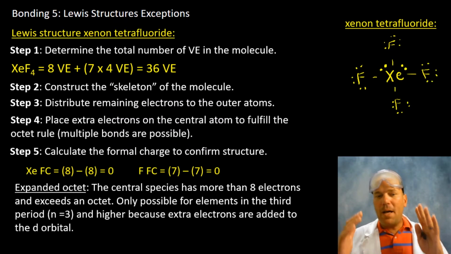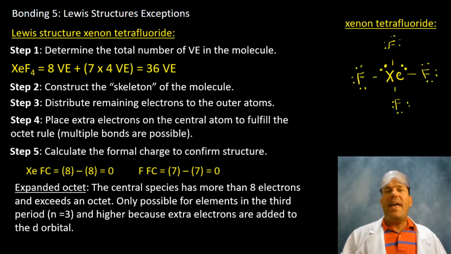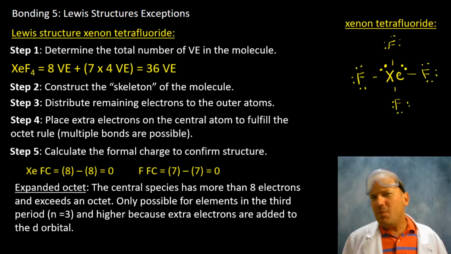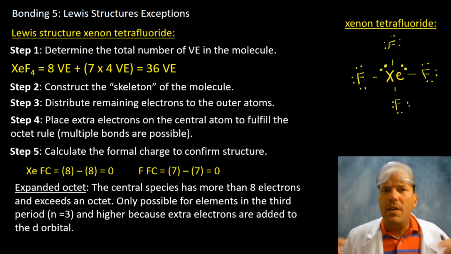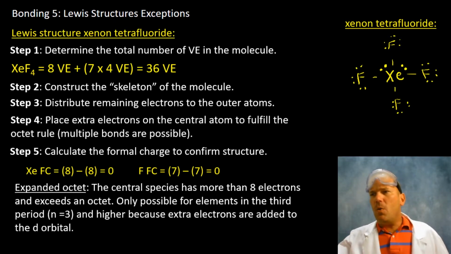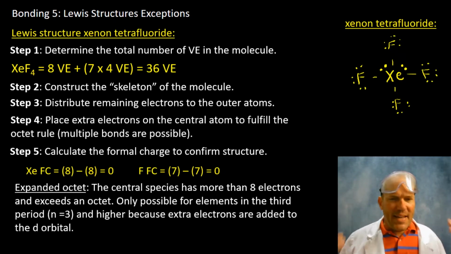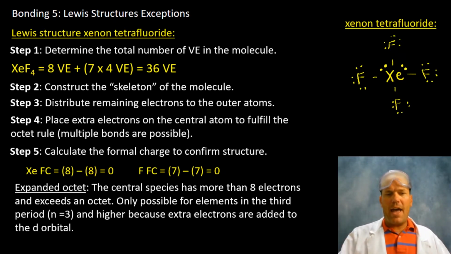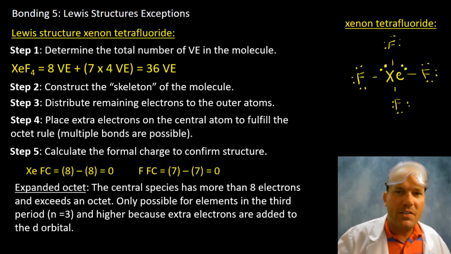Now, it's only possible for elements in the 3rd period and higher. The reason why is these extra electrons are actually placed into the d subshell, into a d orbital. And we only see the d orbital when we go at or beyond the 3rd energy level, okay? Because that's where the d block starts.